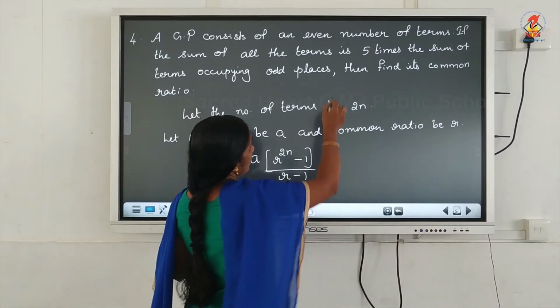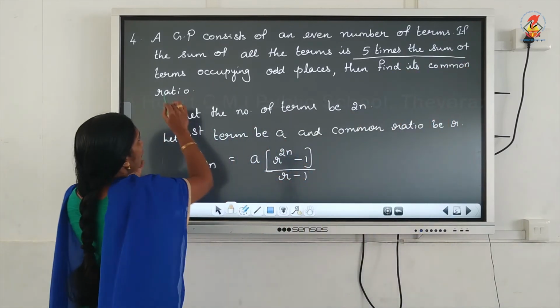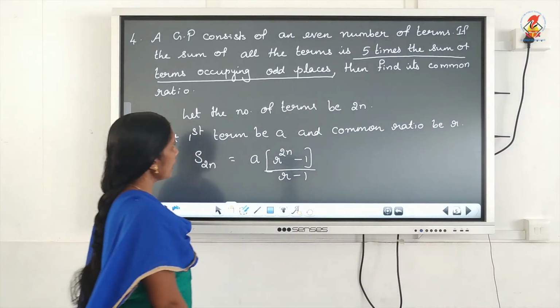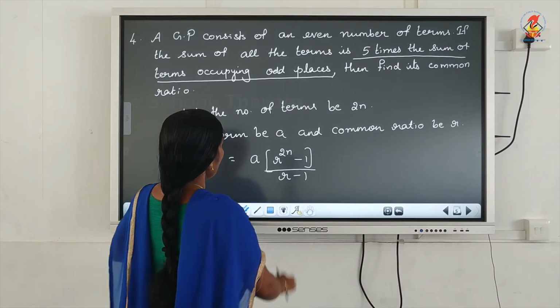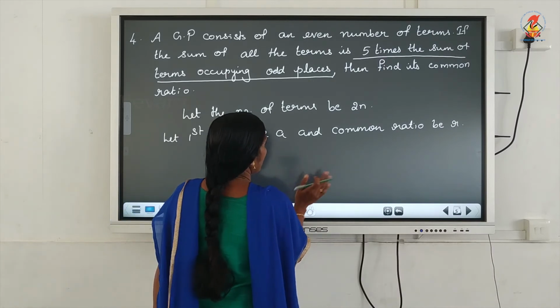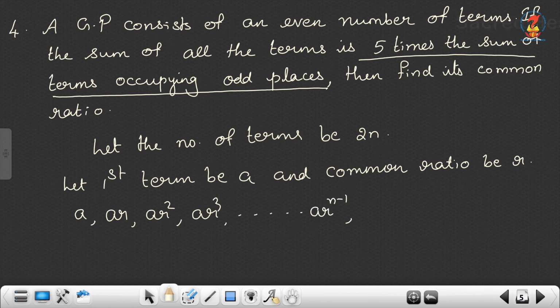And what is given in the question? It is 5 times the sum of terms occupying odd places. Okay. So before this, I am writing the terms. The first term is a, then ar, ar square, ar cube, etc., ar raised to n minus 1, this is the nth term.